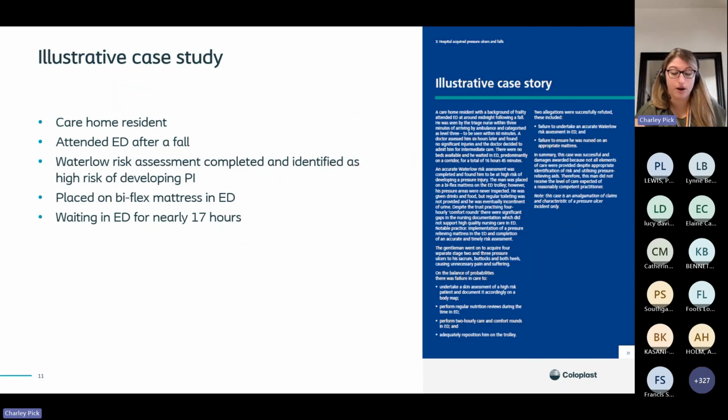They did put him on a Biflex mattress, but his pressure areas were never checked. This gentleman wasn't incontinent, but became incontinent whilst in ED because he wasn't provided regular toileting. The staff weren't able to get to him when he was asking to go. And unfortunately, this gentleman got 4 pressure ulcers, 2 to his sacrum and 2 to his heels.